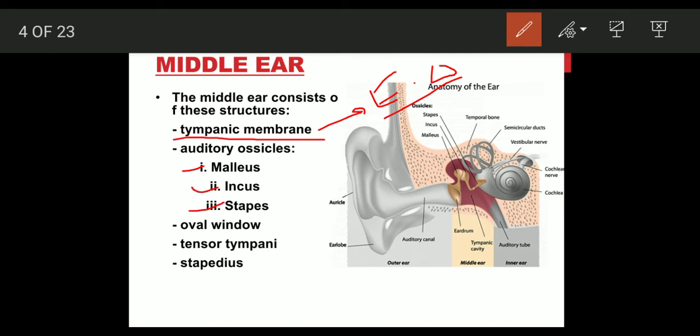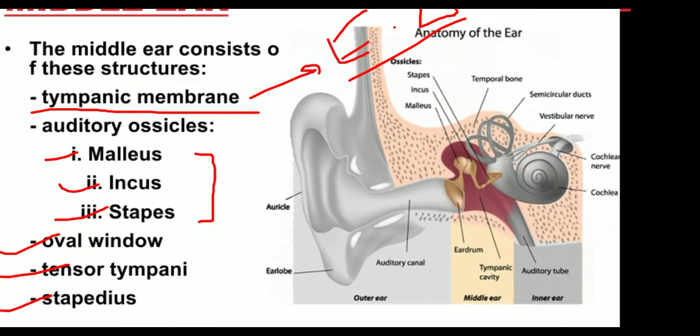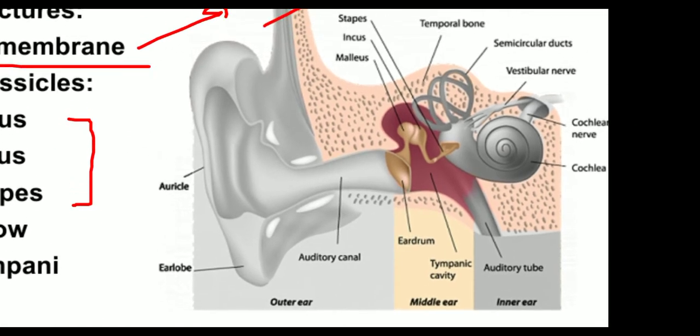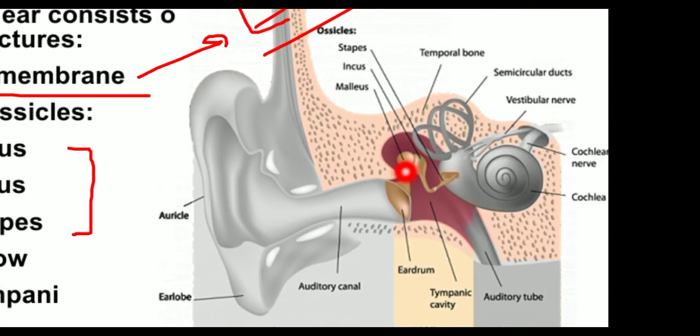We'll discuss these ossicles further in detail. These are actually the bones in the ear, along with the oval window, tensor tympani, and stapedius. If I zoom, this is the zoomed diagram. You can see this is the eardrum, and these are the malleus, incus, and stapes. These are the ear ossicles.